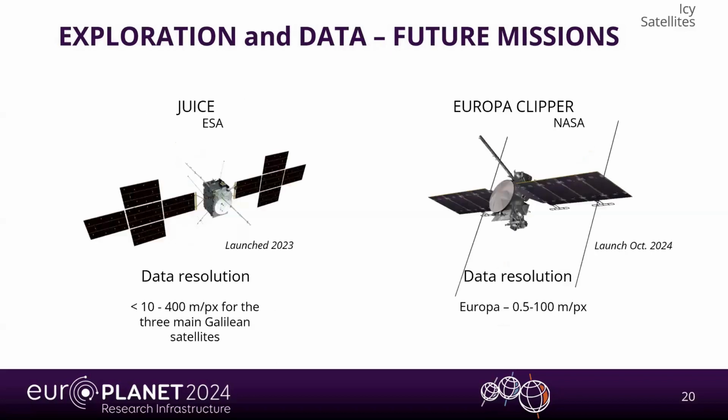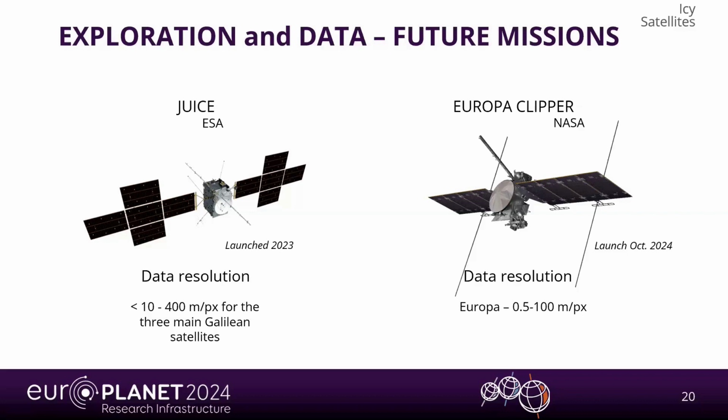And the exploration of the icy satellites continues, and being a first-class target for planetary exploration, it will be among the main programs of space agencies for the next decades. So last year JUICE was finally launched, and it will arrive at the end of this decade at the Jovian system.